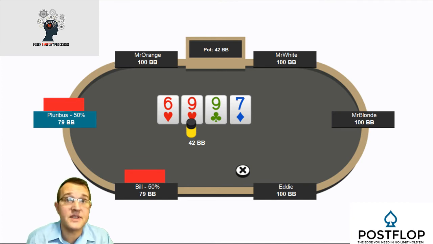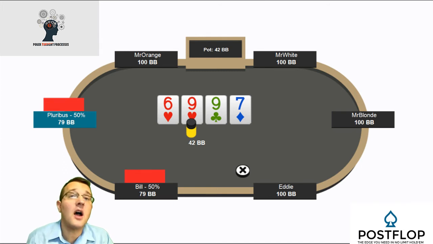I'm holding the ace of diamonds, king of spades, which of all the combos of ace king is one of the best to be, I think the best to be holding. By not having a heart or a club, it's more likely the villain has those cards in his hand, and we want him to hold flush draws at this point. Our range equity has dropped to about 44%, and our hand has around 43% equity.